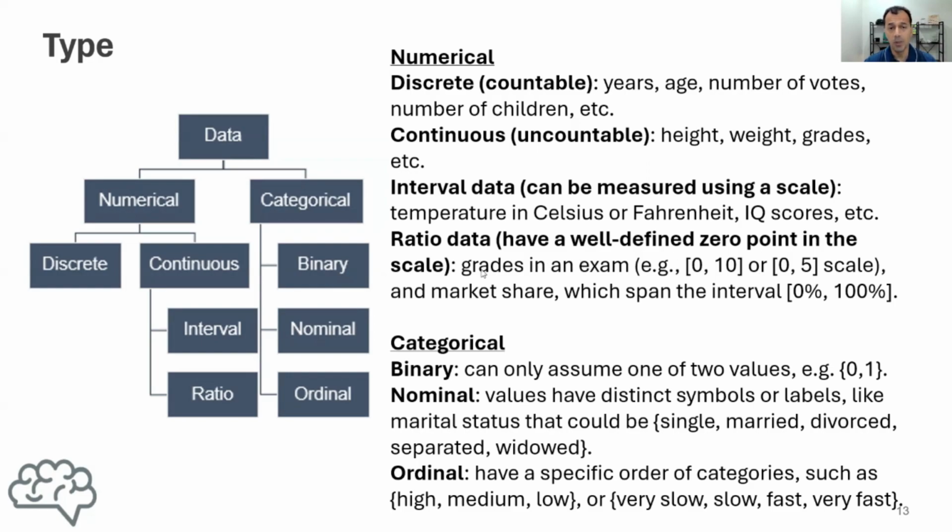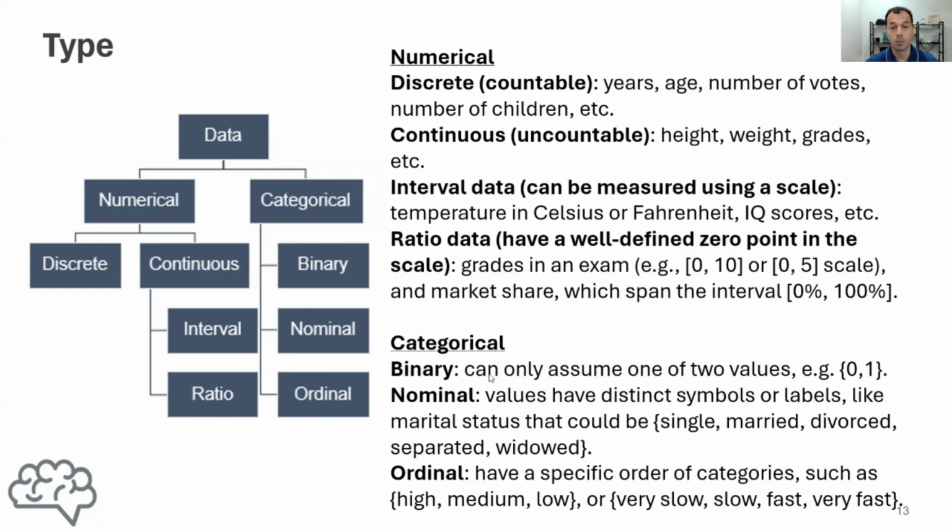For example, we have the grades in an exam that can go from 0 to 10 or 0 to 5, depending on the scale or range that you choose. We can also exemplify here with the market share that spans the interval from 0% to 100%. These are the main types of numerical data that we have. We also have the categorical variables that can be binary, nominal, or ordinal.